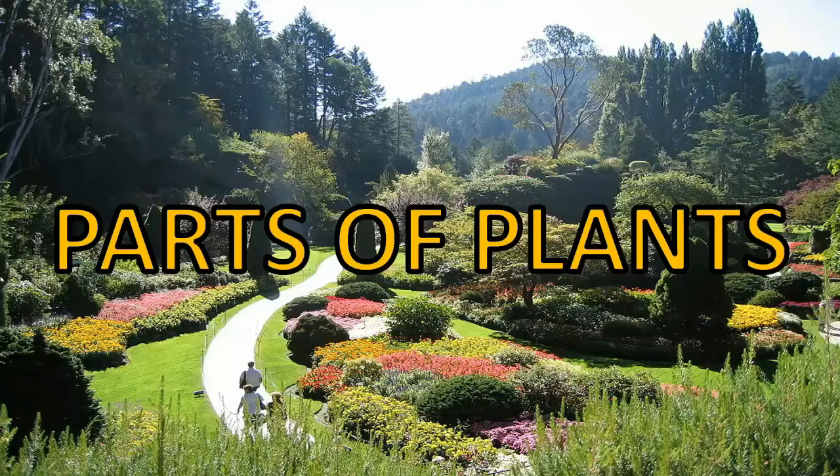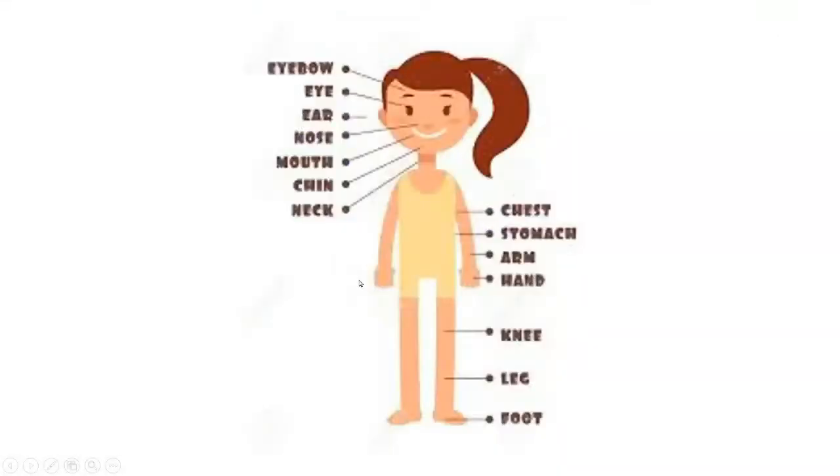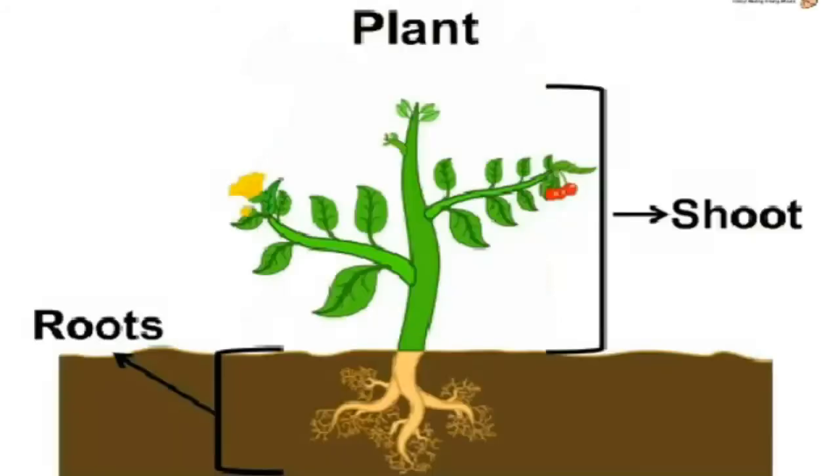But they share a similar structure and have same kind of parts. Like we humans have different parts in our body and each part performs a different role. In the same manner, plants also have many parts. Each part performs a different task.